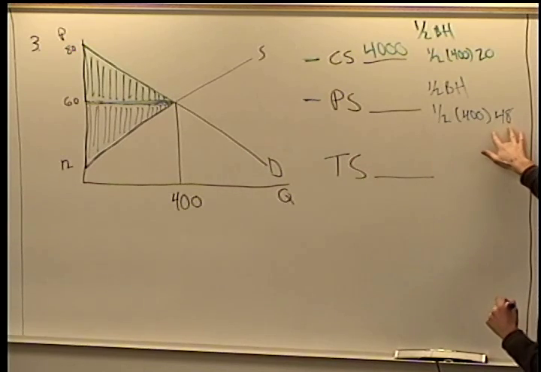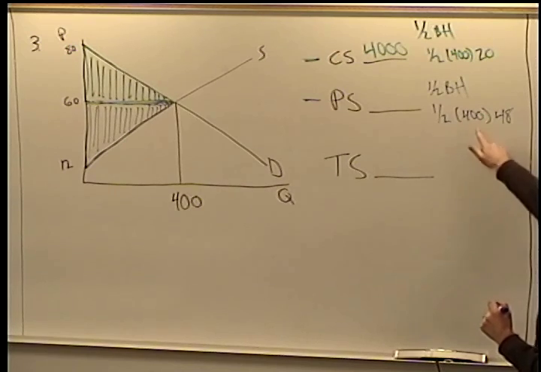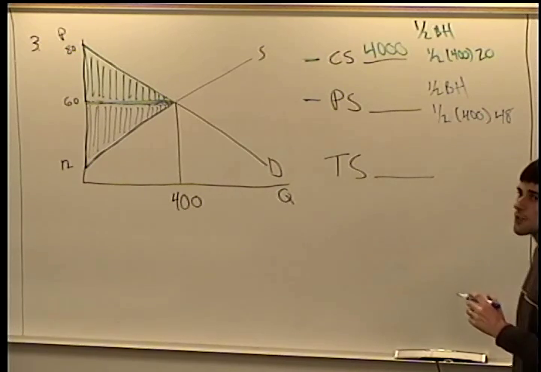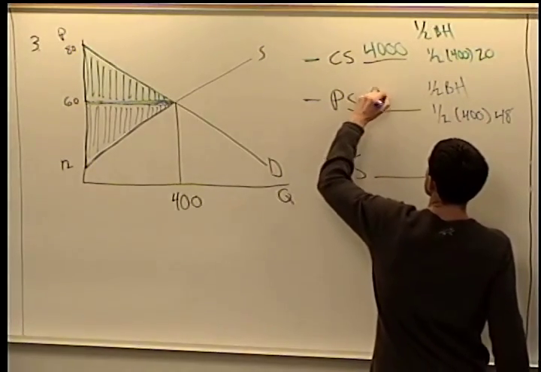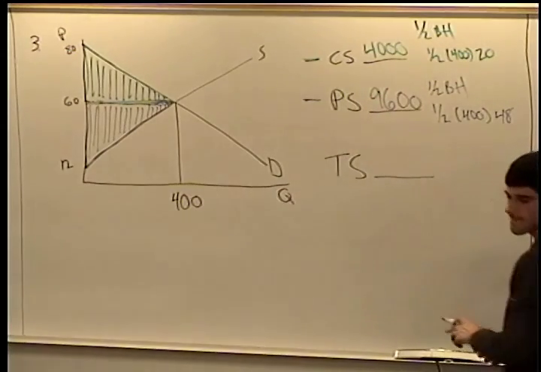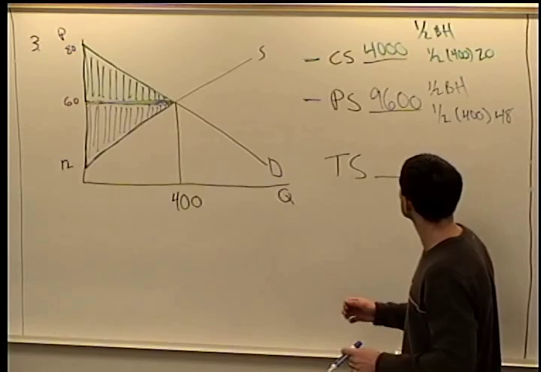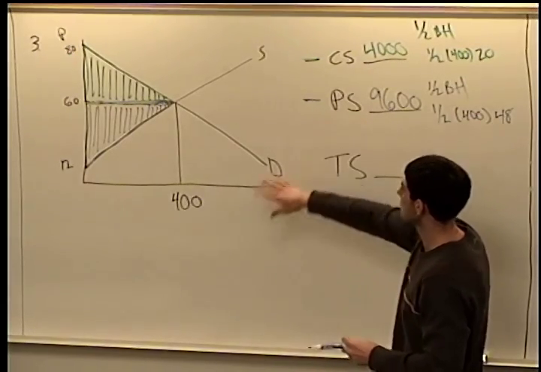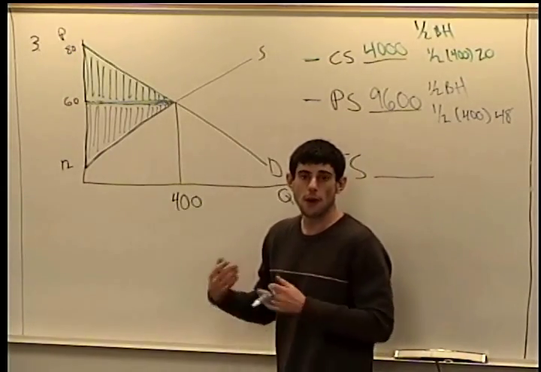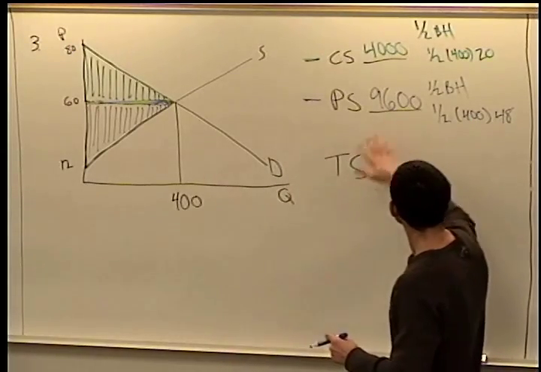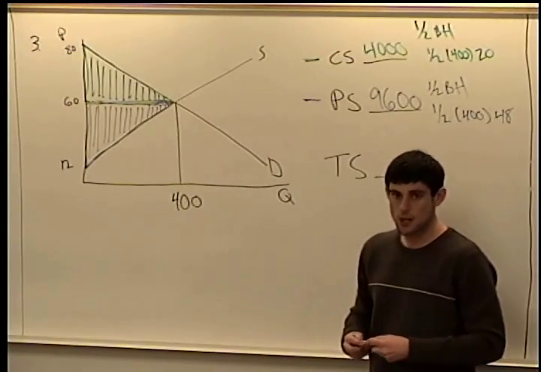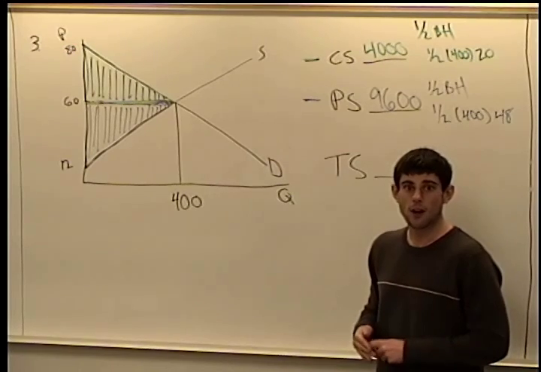We have 1/2 times 48, which is 24, times 400. And if you do the math correct, you should come up with $9,600. So after all is said and done, producers make a profit of selling all 400 of them after they're produced and selling them all of $9,600. So producers are $9,600 better off.